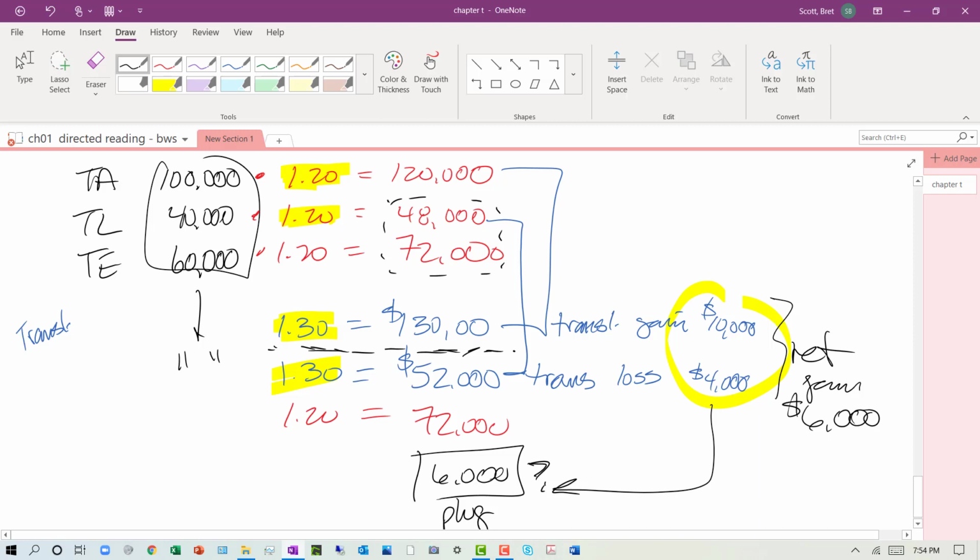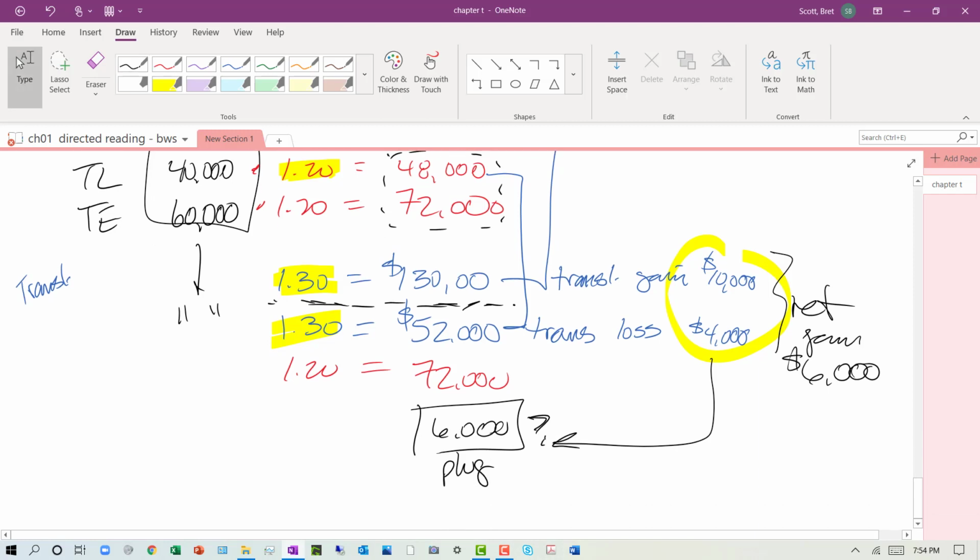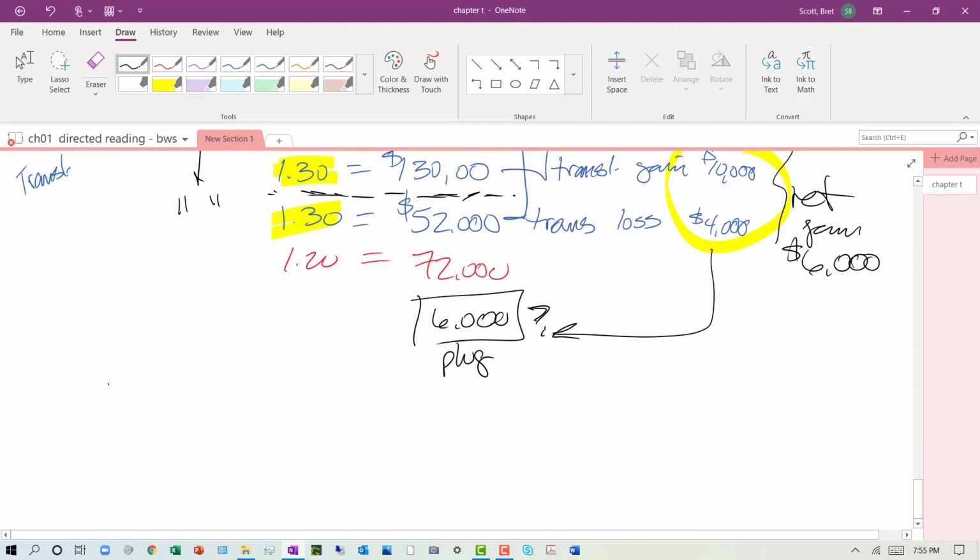So that plug down below, we need that as an amount either going into retained earnings or as accumulated other comprehensive income. Either way, equity in this case needs to be brought up so that assets equals liabilities plus equity. The reason we have this plug is because there are certain assets and liabilities that require the use of the current rate.